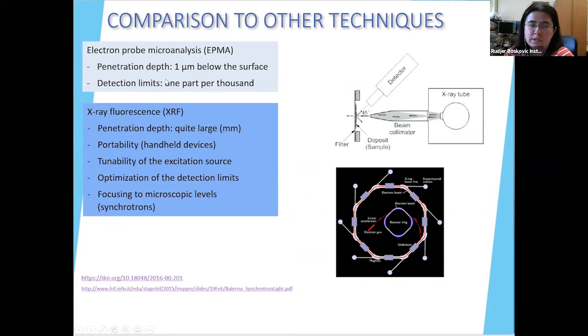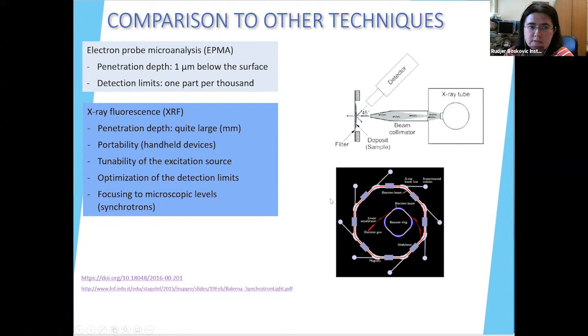Another similar technique very often used is X-ray fluorescence, where the penetration depths are quite large, in the range of millimeters. Also, you have a lot of handheld devices which you can take with you and measure somewhere outside. You don't necessarily have to be in the lab.